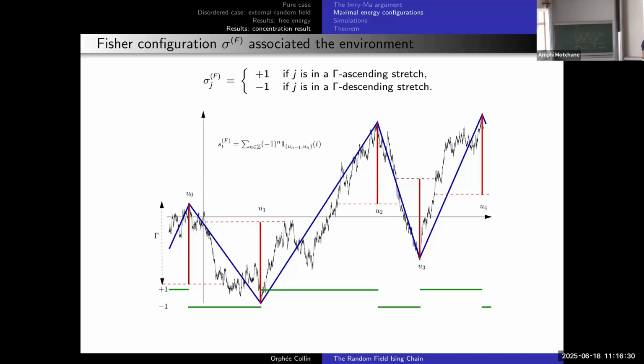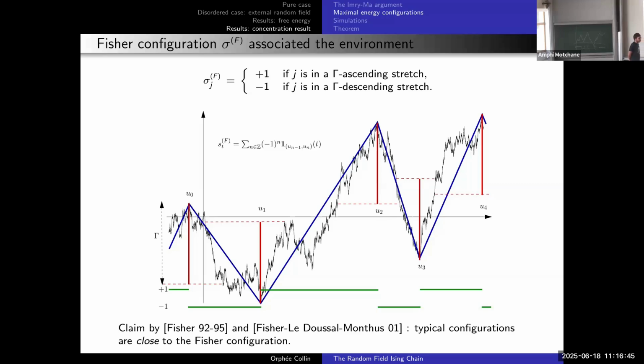So it's equal to +1 on ascending stretches and to -1 on descending stretches. It's an exercise to show that it maximizes the Hamiltonian, and the claim by Fisher, Le Doussal, and Monthus is that the typical configurations should be close to this configuration. We're going to have to say what close means, of course.